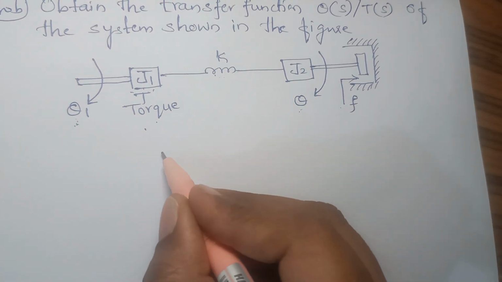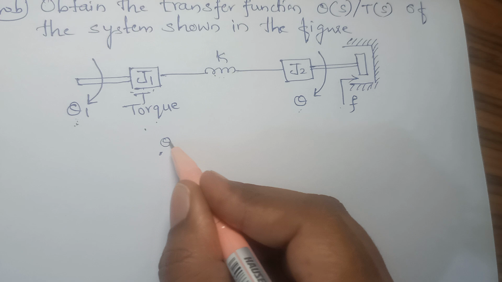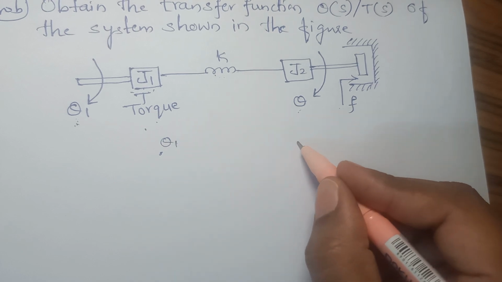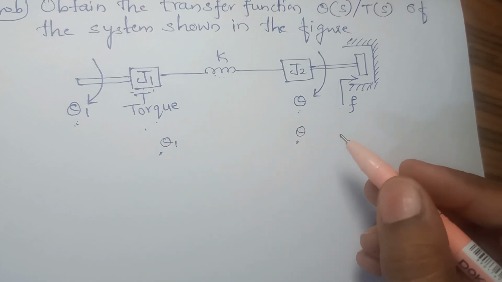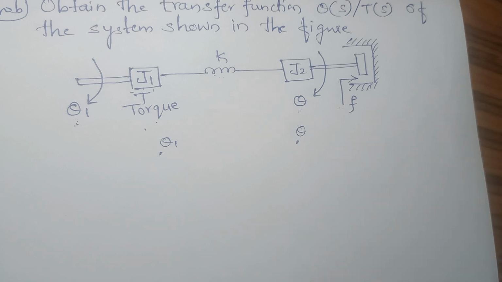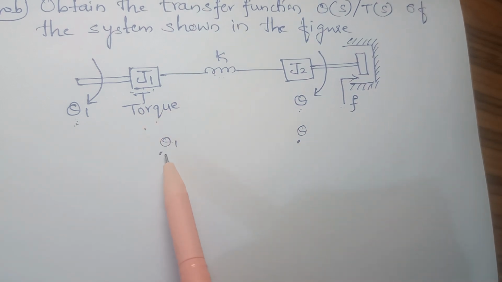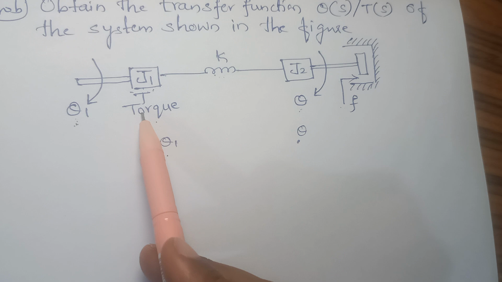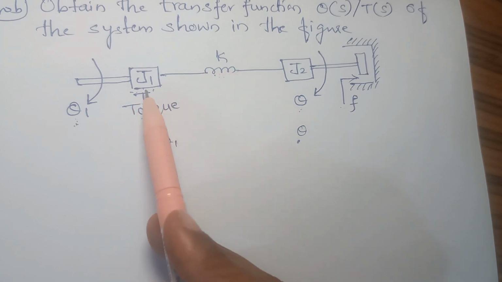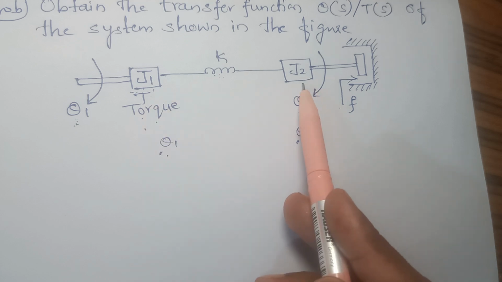Now we draw the equivalent mechanical system. First we take two nodes, one theta 1 and another theta. Under the influence of theta 1 you will have torque T and J1, and K is in between J1 and J2.